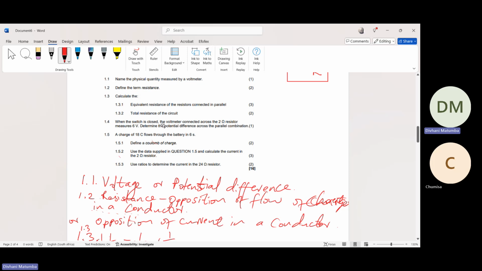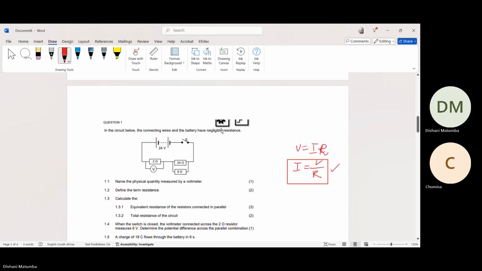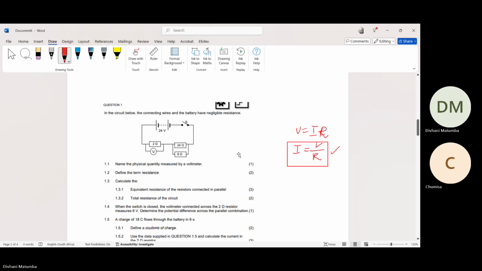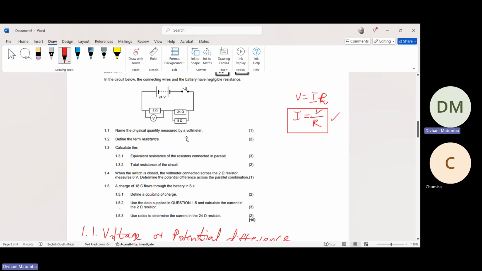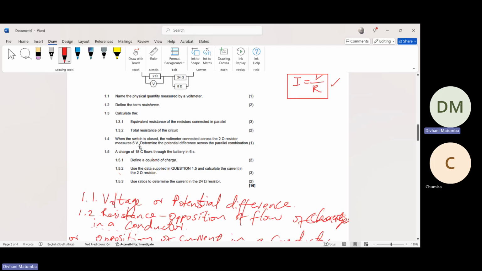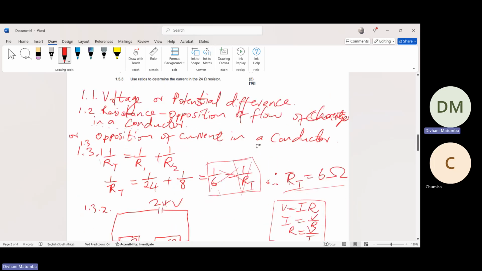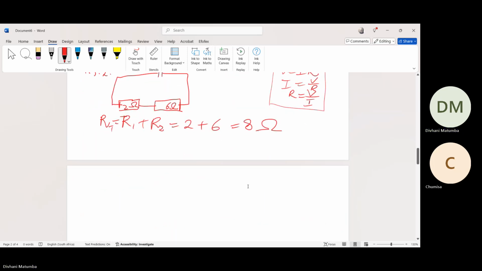When the switch is closed, they said the voltage across the 2 ohm resistor was 6 V. They said determine the potential difference across the parallel combination. Now, how do we go about this one?